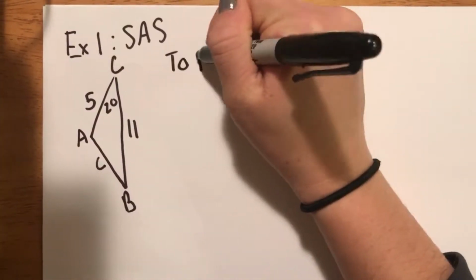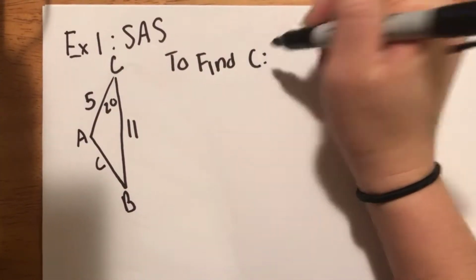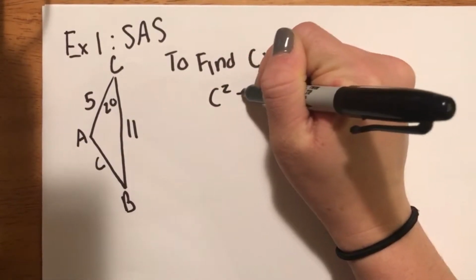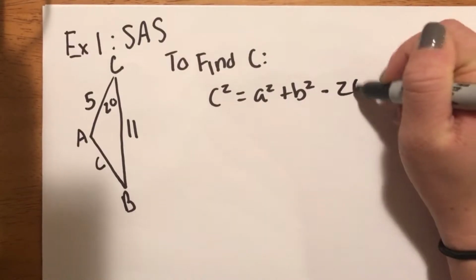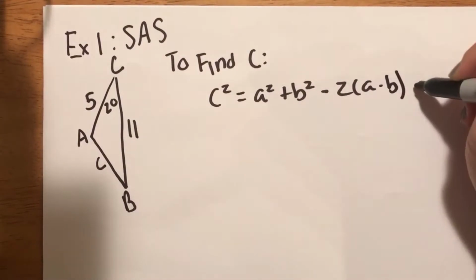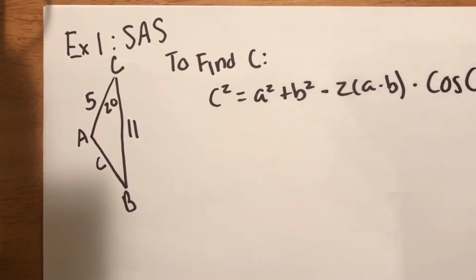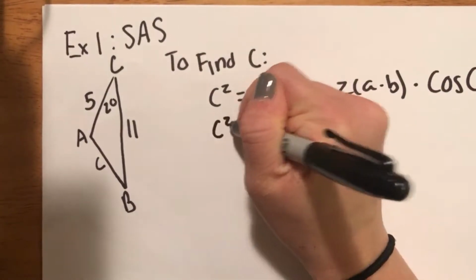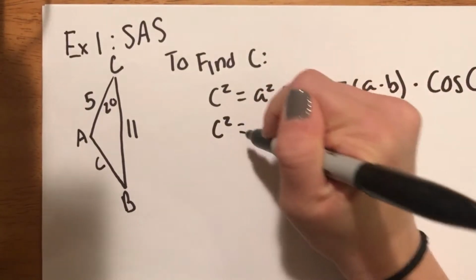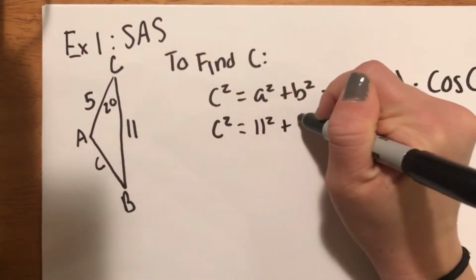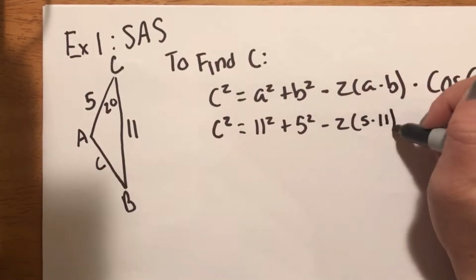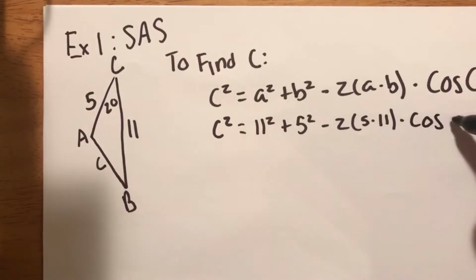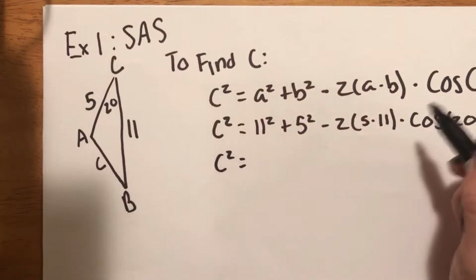To find c, we will use c squared equals a squared plus b squared minus 2 times a times b multiplied by cosine C. Next, we will use this triangle to fill in the variables. We will then simplify.